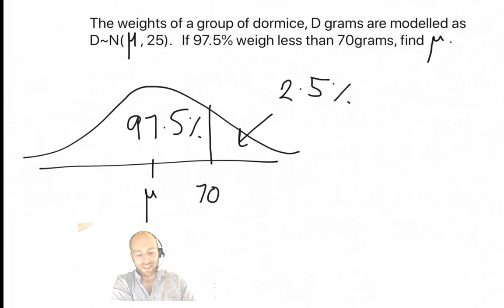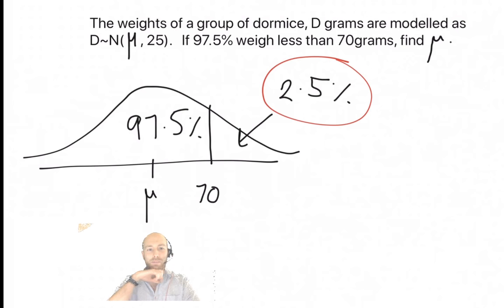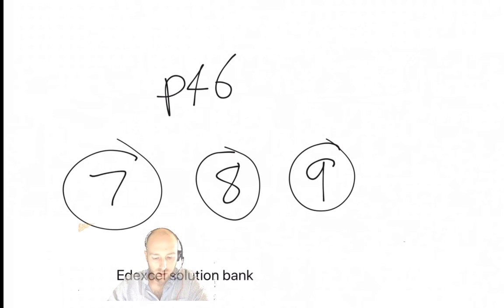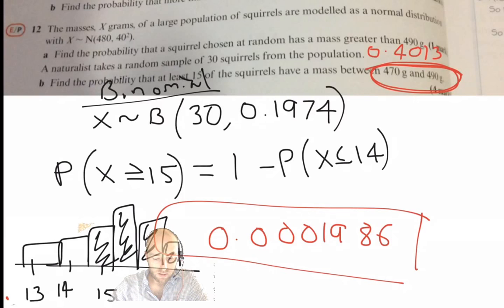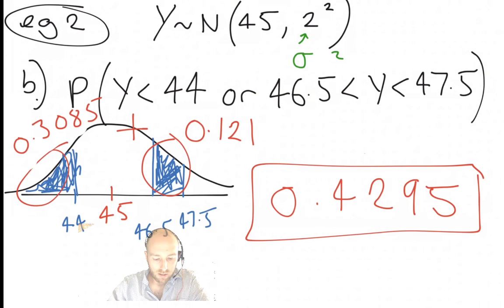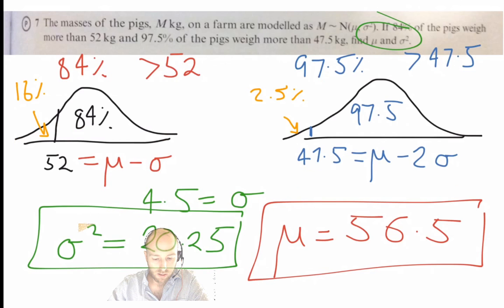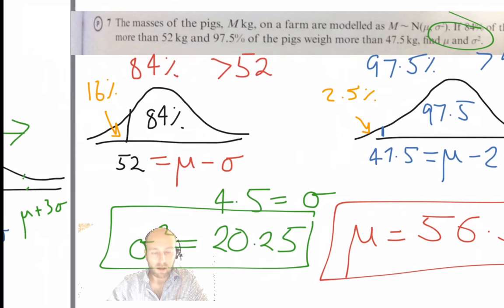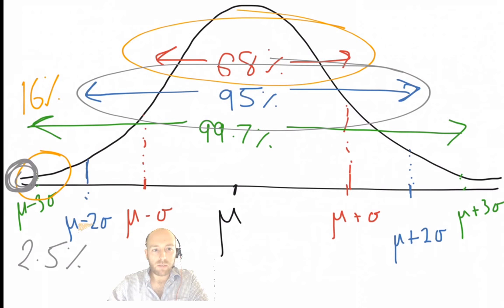Now, hopefully that's ringing some bells. It might not be, but we'll see. So if I flick all the way back to that slide from earlier, God, my work is very messy, isn't it? Here we go. So 2.5%, which is there in grey.